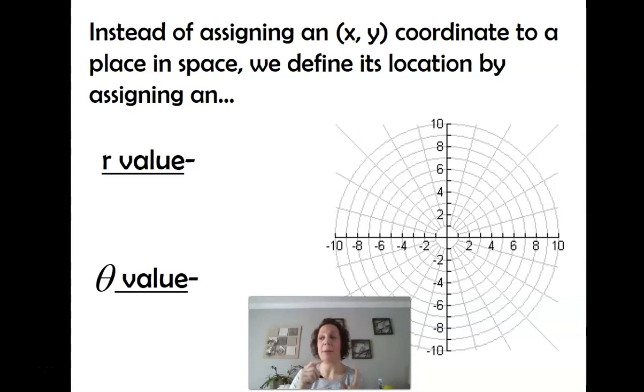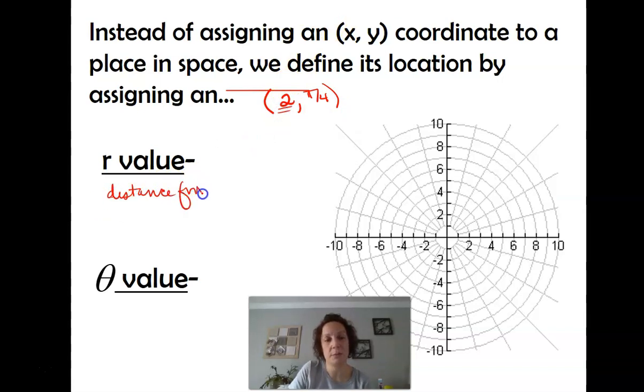It sounds a little strange, but I think about it as r, theta. There's two different ways to think about it, right? I think of it as creating the arm first and then the theta. So for example, if I gave you a point 2, pi over 4, this is my distance from the origin, and this is the angle from the positive x-axis.